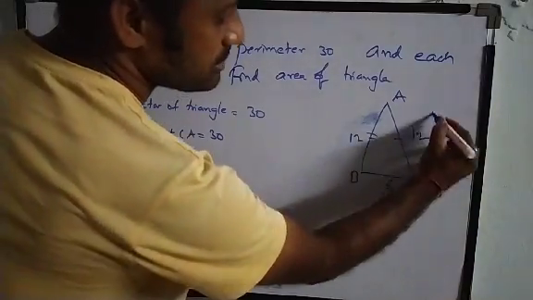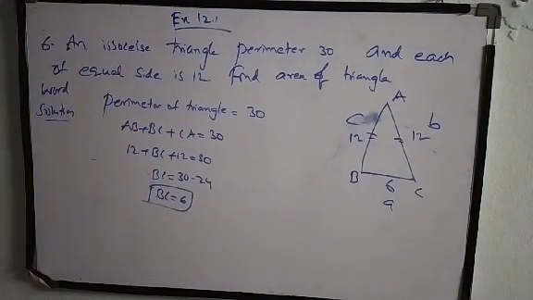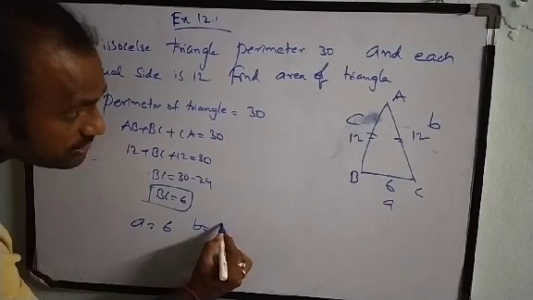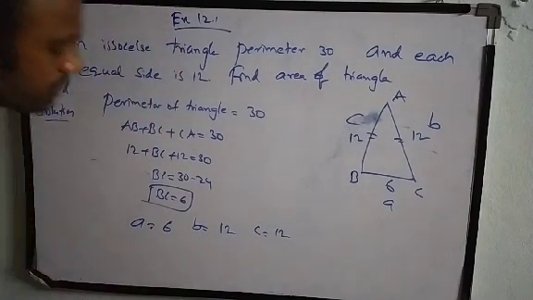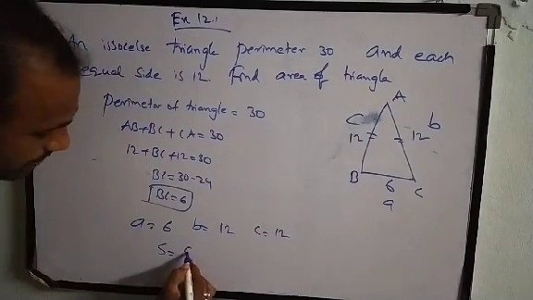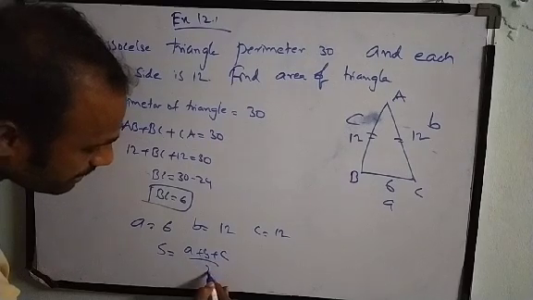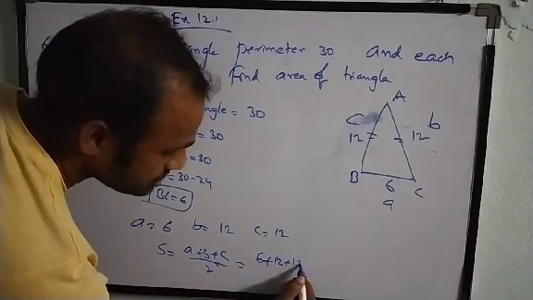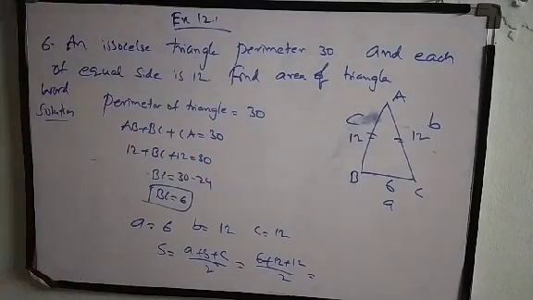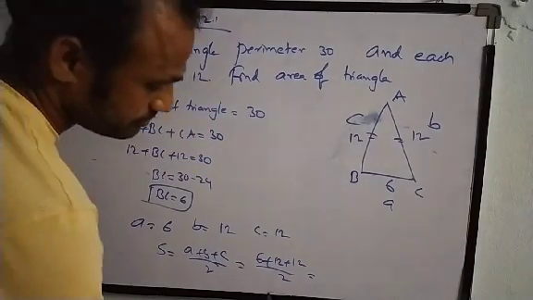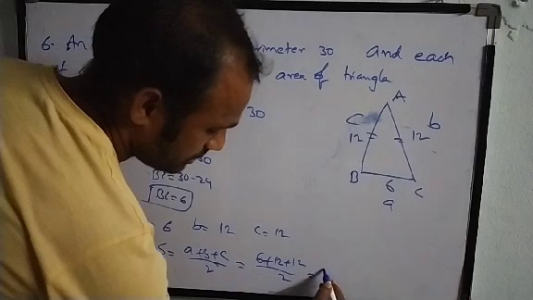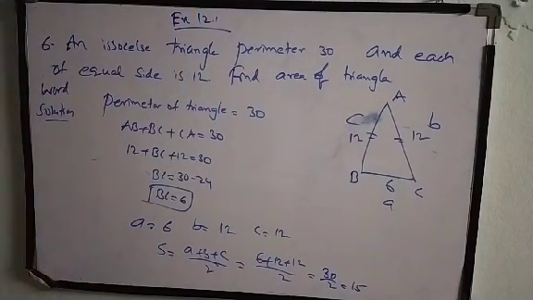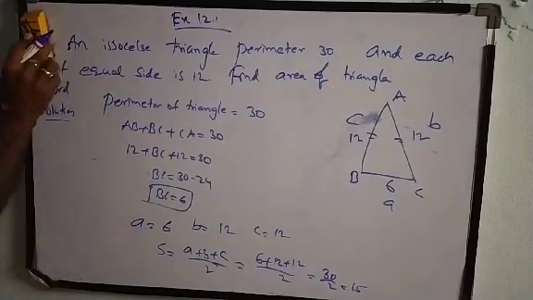This is small a, this is small b, this is small c. So here small a is equals to 6, small b is equals to 12, small c is equals to 12. So let us find out the semi-perimeter, which is a plus b plus c by 2. That is 6 plus 12 plus 12 by 2. 24, 30 by 2, which is 15. So we got the semi-perimeter as 15.